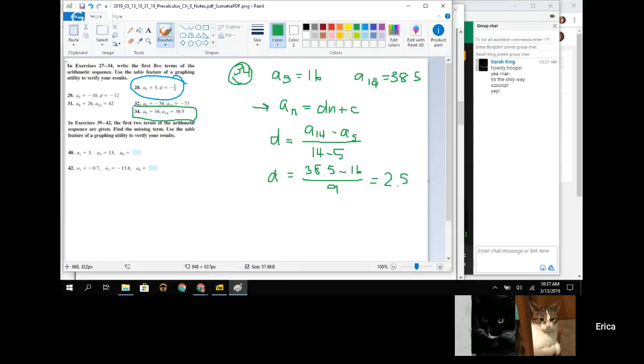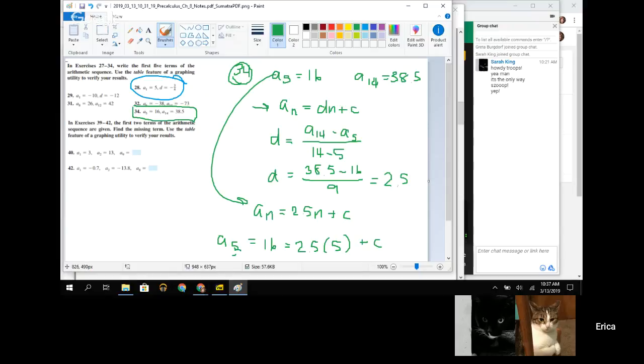So if I want to find my equation, it's a sub n equals 2.5 times n plus c. I want to figure out what c is, so I'm going to use a sub 5. A sub 5 is 16, which equals 2.5 times 5, plus c.